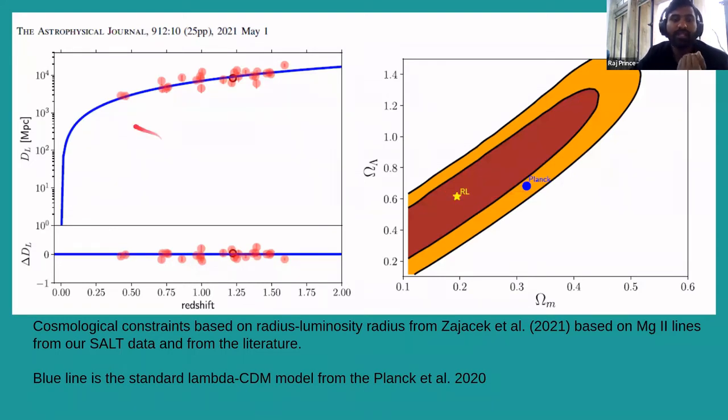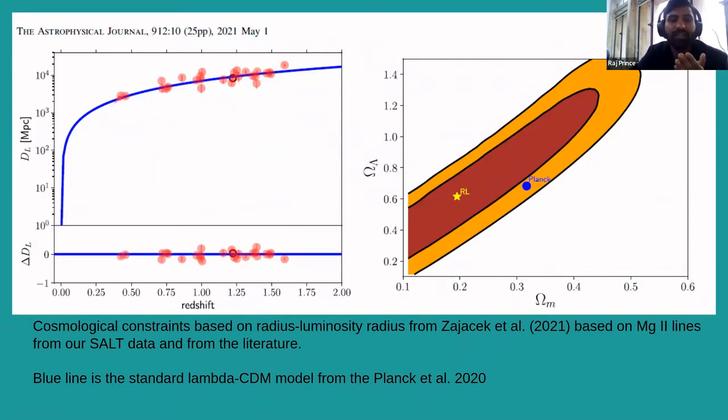So from this study, we know that the quasars can be used for the cosmological model, and for the current result that we have, they do not differ from the early universe measurement. Supernova differs very much from the early universe measurement.